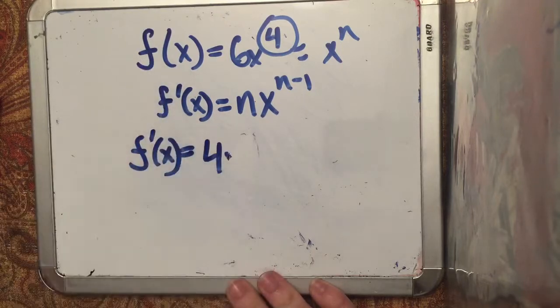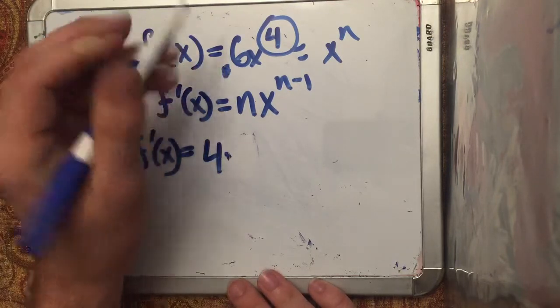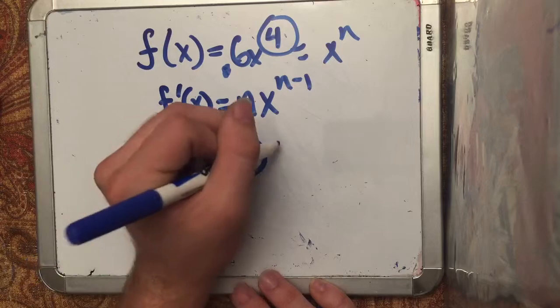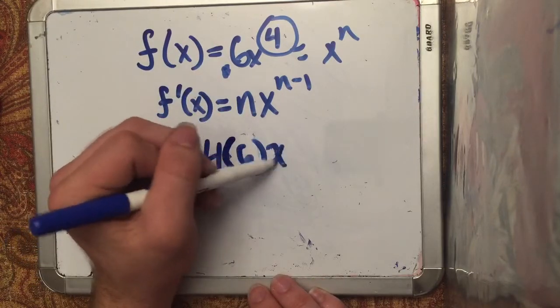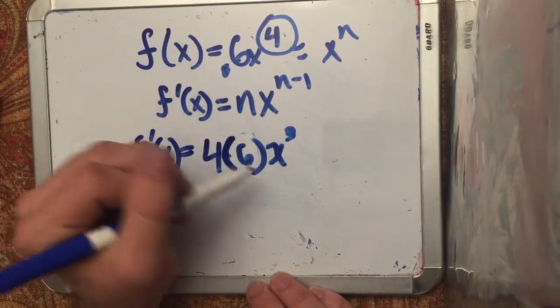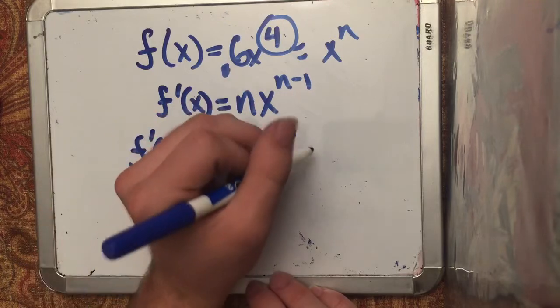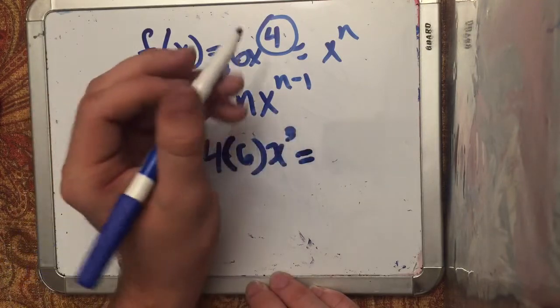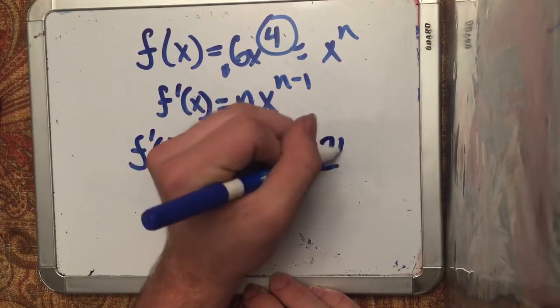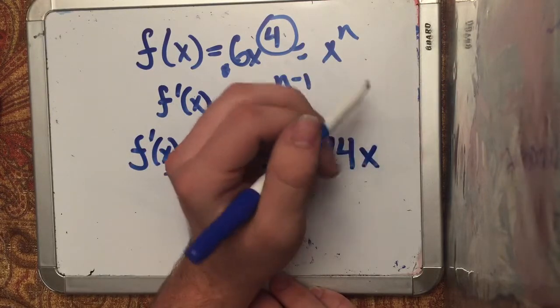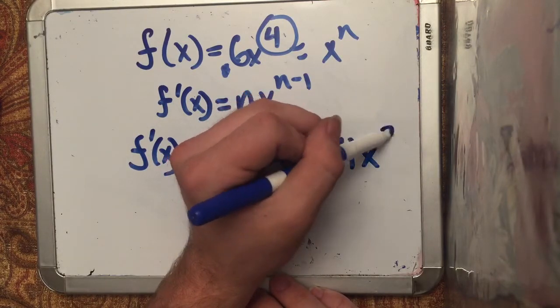We forgot the 6 coefficient right here, and you have to always keep that in mind and multiply that. So we have 4 times 6x to the 3, and if you simplify this, it comes out to 24x cubed.